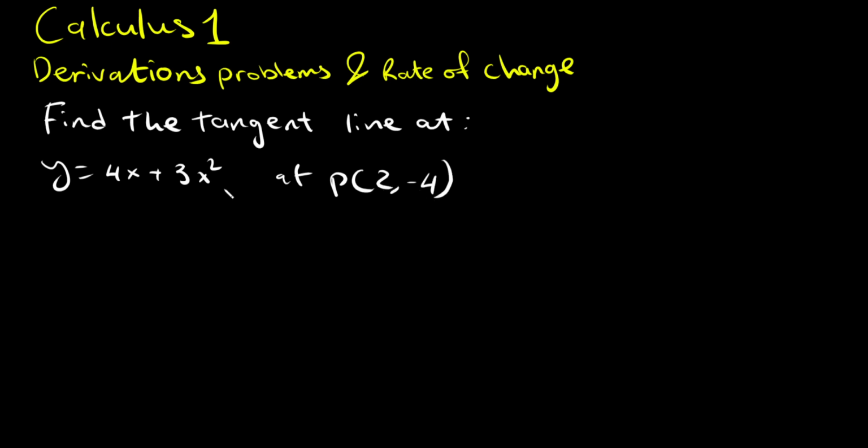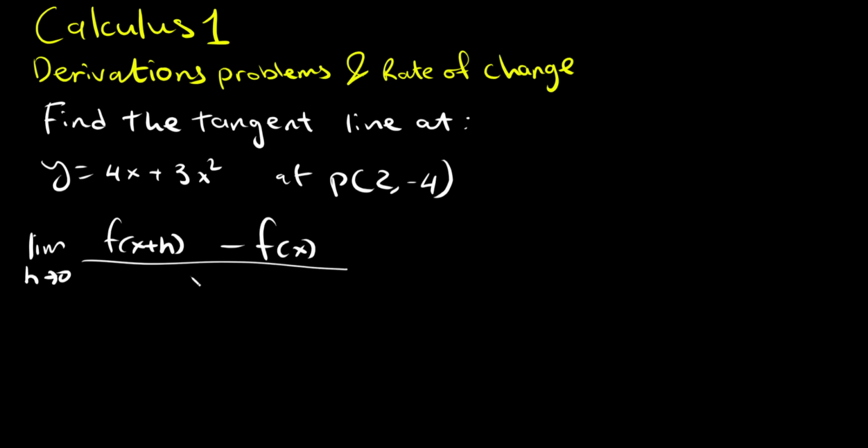All right, so let's do this. First I'm going to put my derivation equation, my derivation limits, or whatever you can call it. All right, so now I just have to replace x plus h in my function.